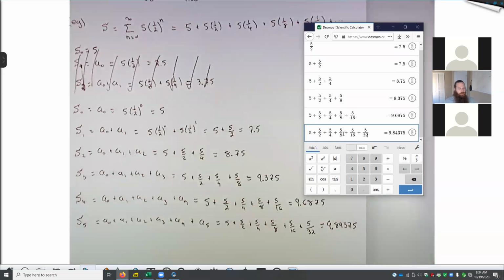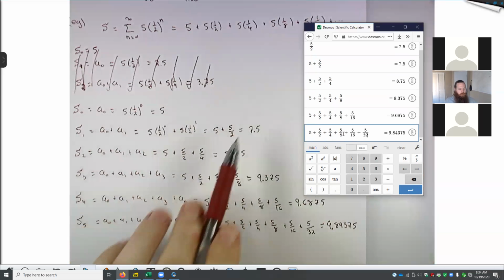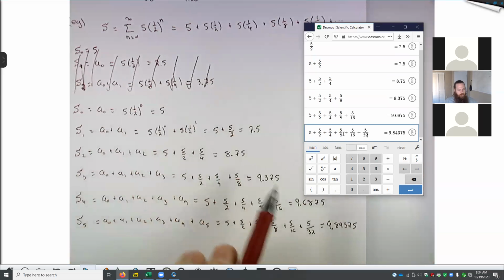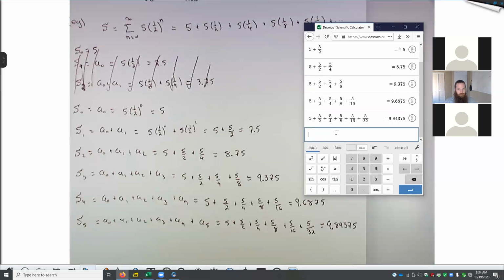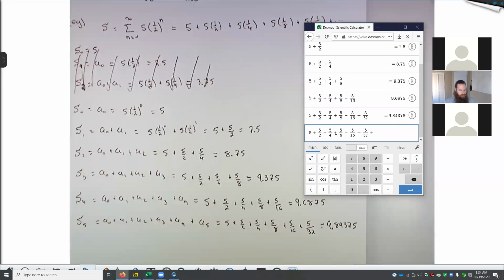So if you look at these numbers, 5, 7.5, 8.75, 9.375, 9.68, 9.84, do they appear to be getting closer and closer to something? The next term would be 9.921.